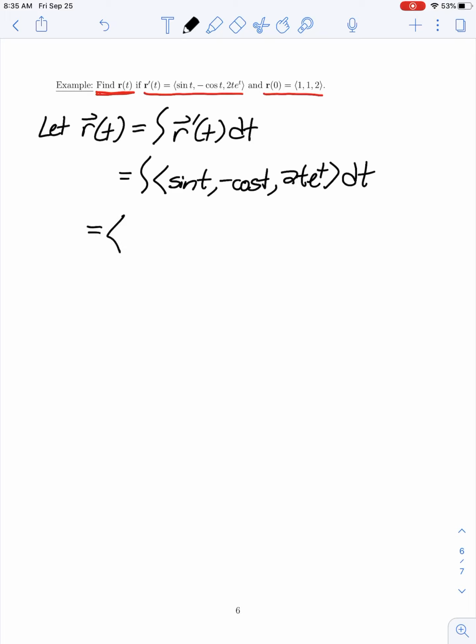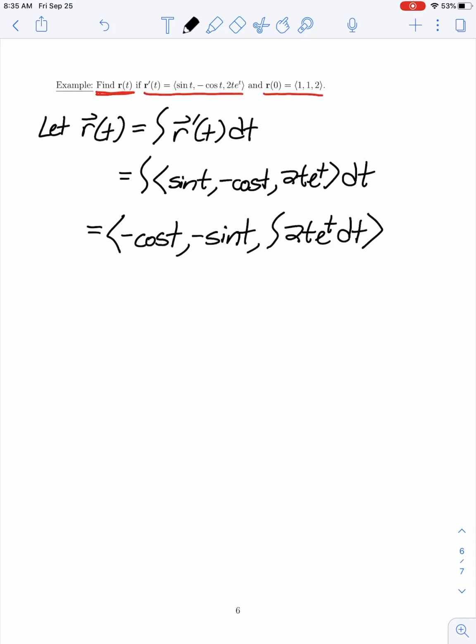The first two components are easy. The antiderivative of sine t is negative cosine t. The antiderivative of negative cosine t is negative sine t. And then for my third component, I need the integral of 2t times e to the t dt.